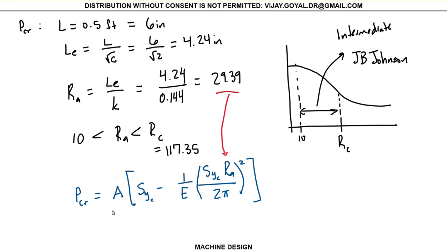Your value of area was 0.75, and this comes from your material properties. So the value of your P critical for this particular column is 31,238 pounds.